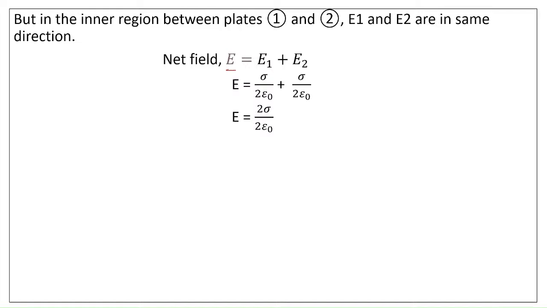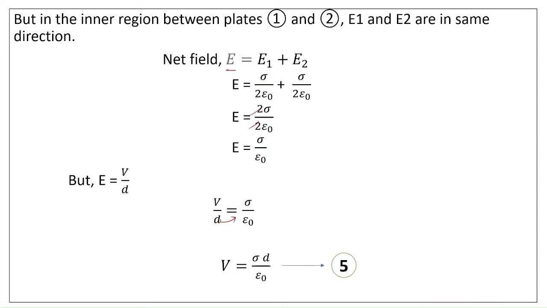On cancelling 2 from numerator and denominator, we get E is equal to sigma by epsilon naught. But E is equal to V by d. Substitute in the above equation, we get V by d is equal to sigma by epsilon naught. Therefore, on equating, V is equal to sigma d by epsilon naught.